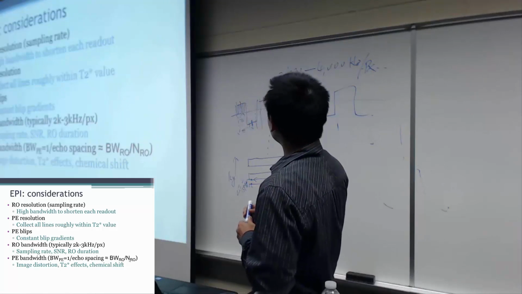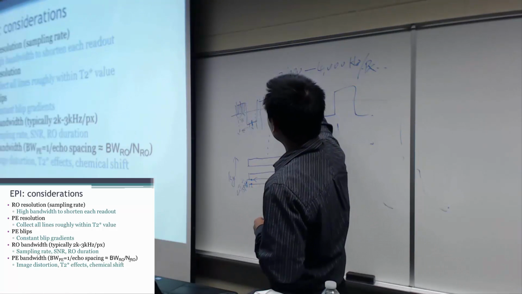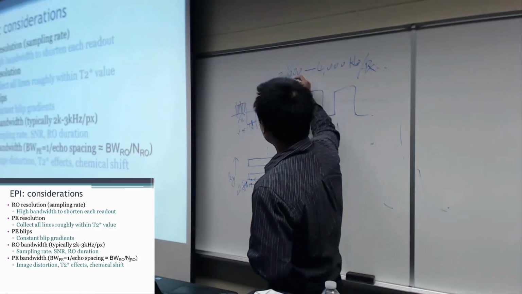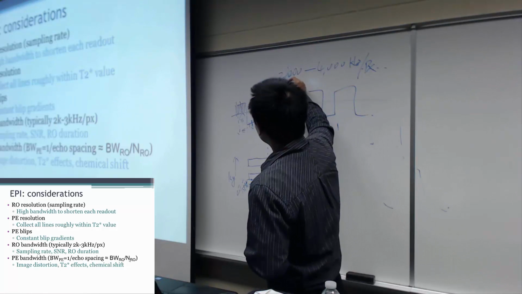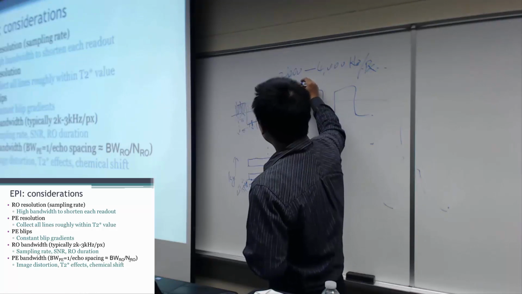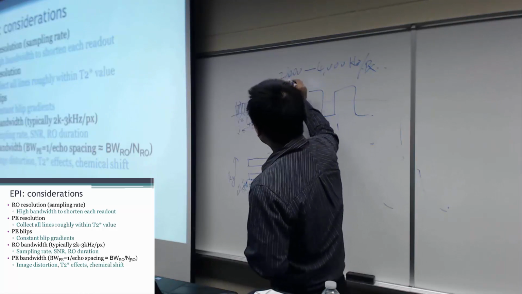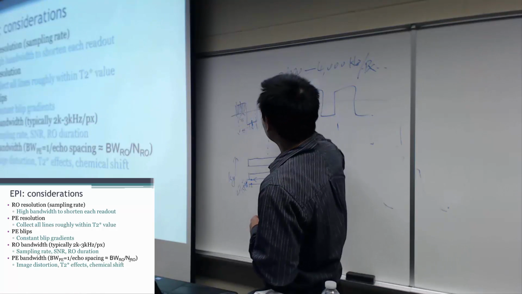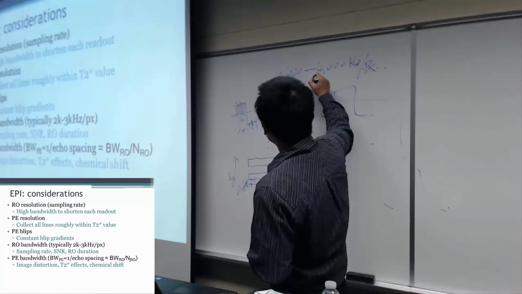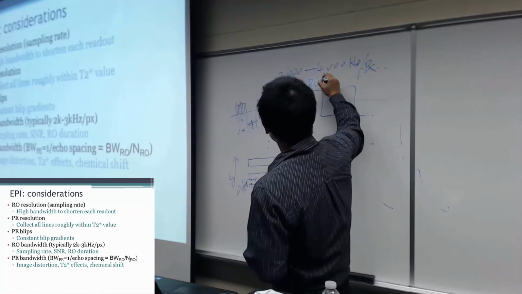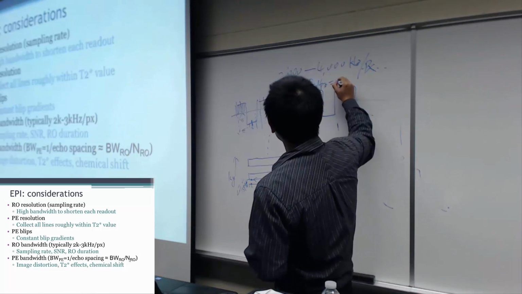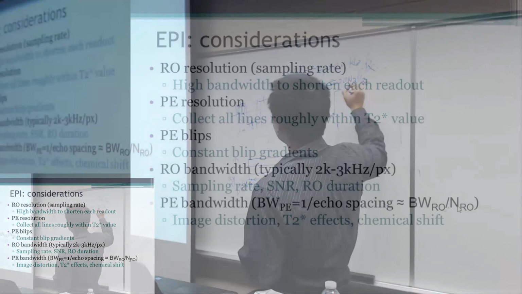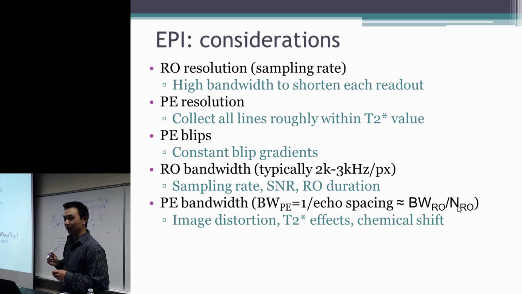For example, if we have collected 2000 hertz per pixel along the readout, and we are collecting, let's say, 100 samples along the readout, then it's only about 20 hertz per pixel. So it's actually a very low bandwidth.